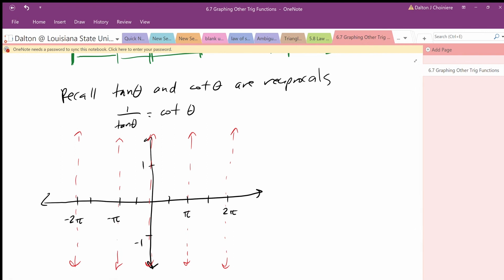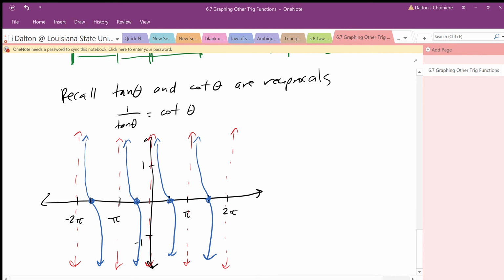And since it's a reciprocal and things kind of flip-flop here, these graphs in between, they will intersect the half pi's, but they will also be flipped downward like this. So this is what the graph of cotangent looks like.